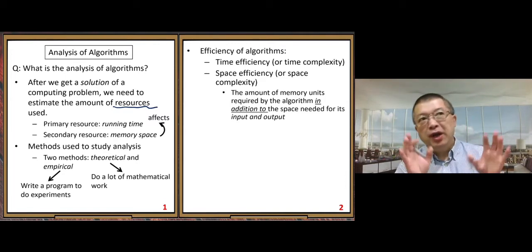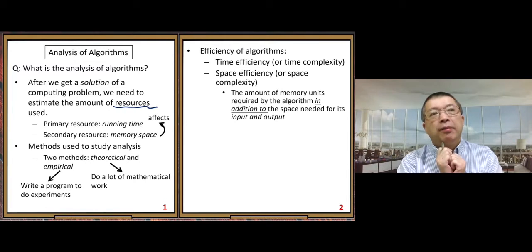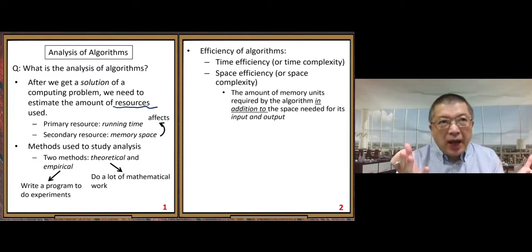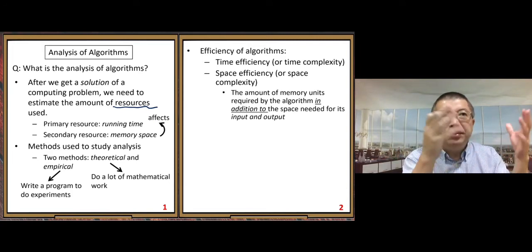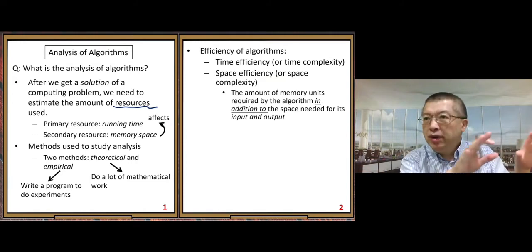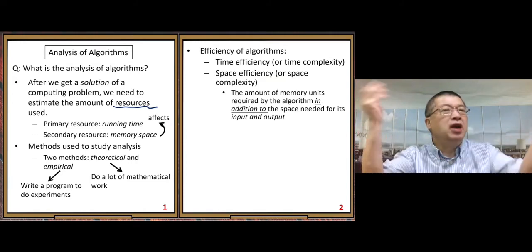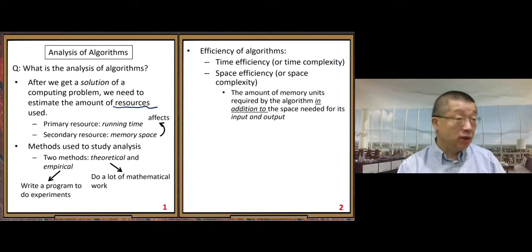So what's that? In order to process the data, you need memory space to store the data for input and output all the time, right? No exception, all the time. So that's common for all the problems.